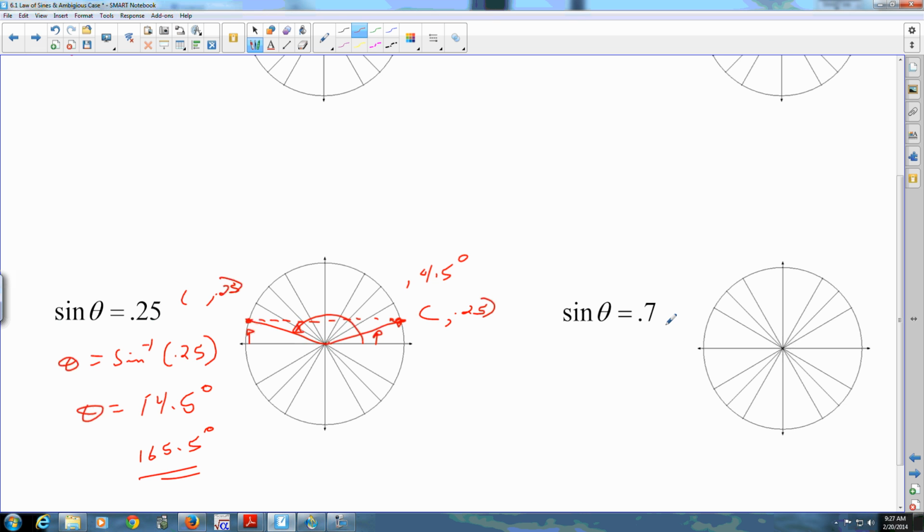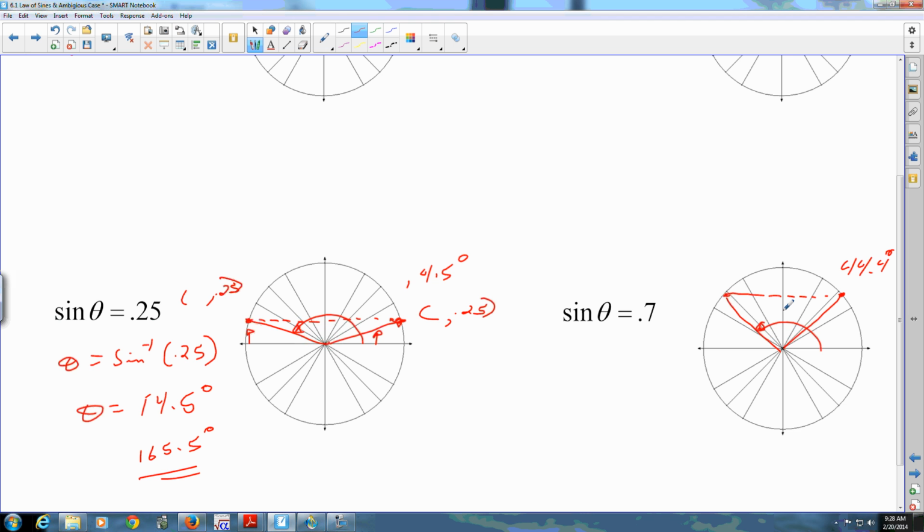Here, if I do inverse sine of 0.7, it gives you about 44.4 degrees. So just shy of 45. Where else is exactly the same answer? Over here. How do I find this other angle? Well, I cut it off of 180. I find its supplement. This angle is supplementary to this angle.